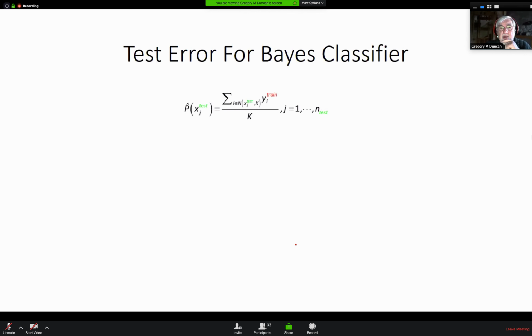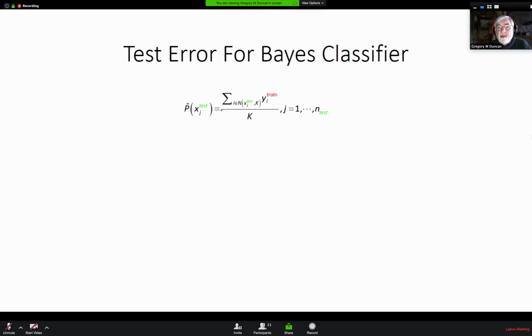Now what I'm going to do is the following, okay? I'm going to take the test, okay? I'm going to take X from the test, and I'm going to calculate the K nearest neighbors to that test X, which wasn't in my train X, but I can still find K nearest neighbors to that.